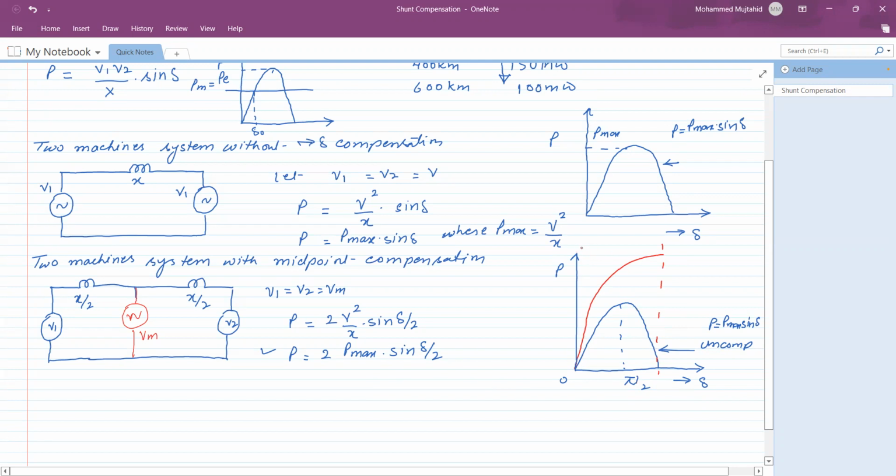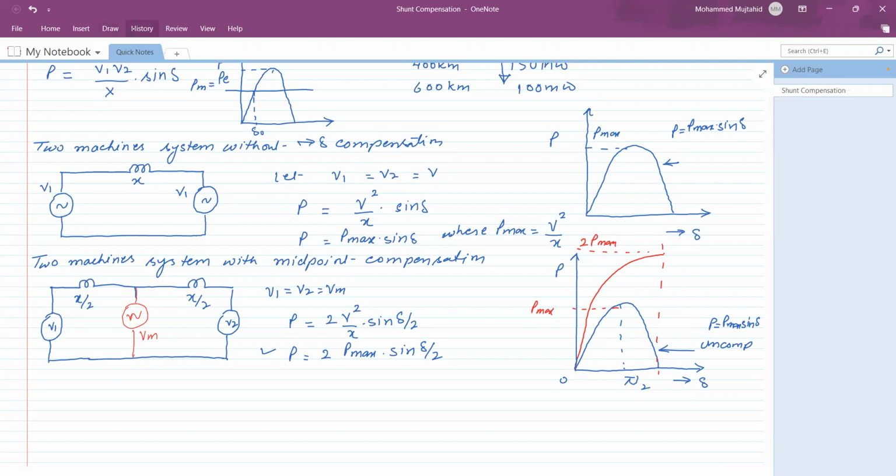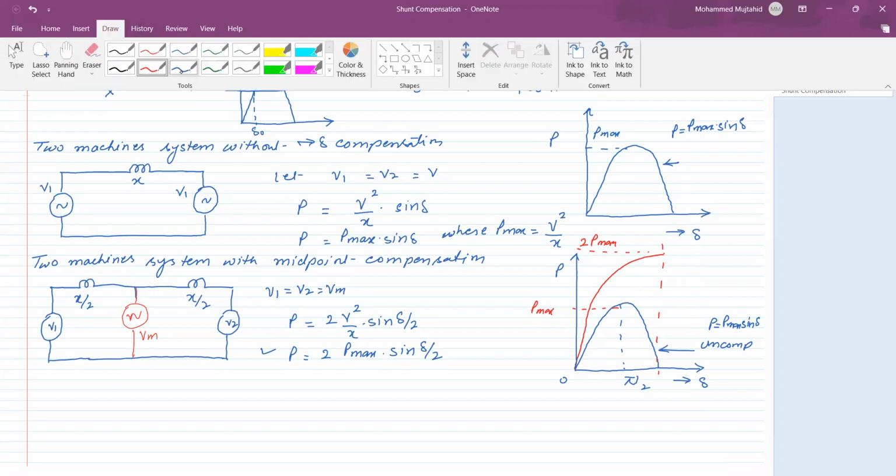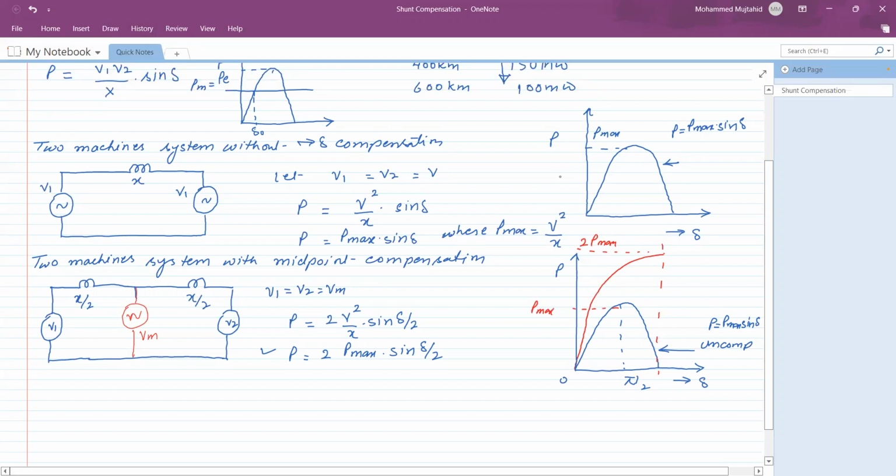So what is the maximum value? This maximum value is equal to twice the P maximum. The maximum power that can be transmitted by the compensated line will be double, whereas this is the earlier maximum value, P maximum. So see here, even if we are operating our system much below the critical or calculated value as per the conservative criteria, say this is the delta 0 at which our system is going to operate.